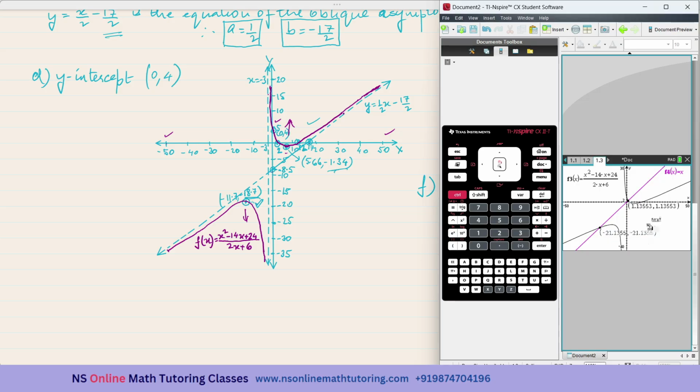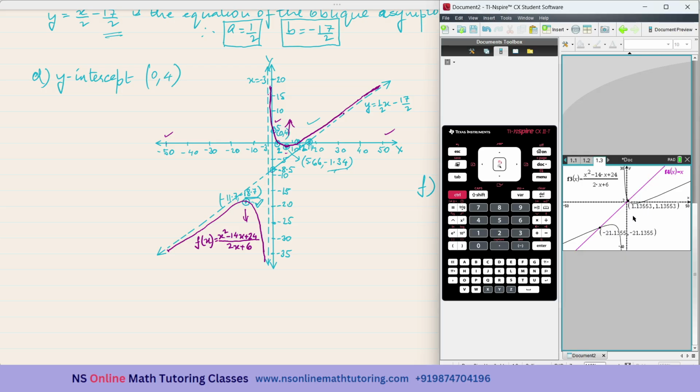And for this one, what is it? Over here, the black curve is above the pink line for x values less than 1.13553.